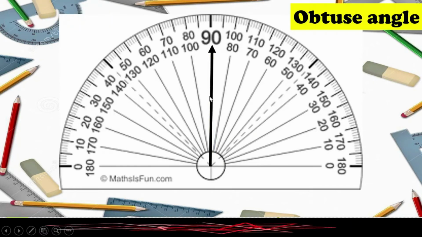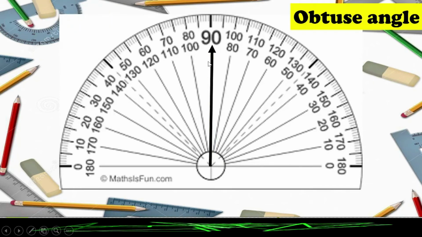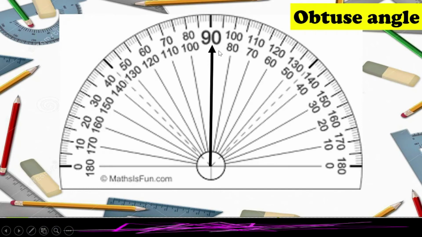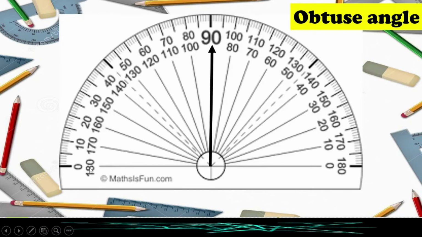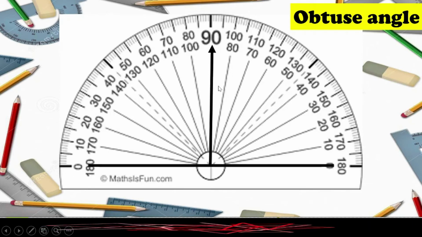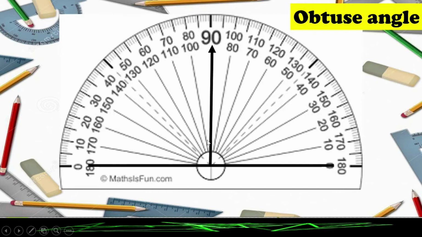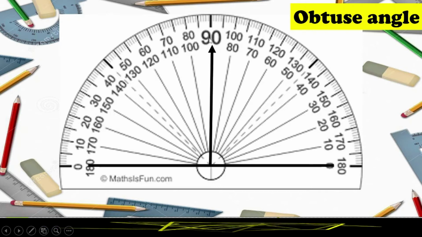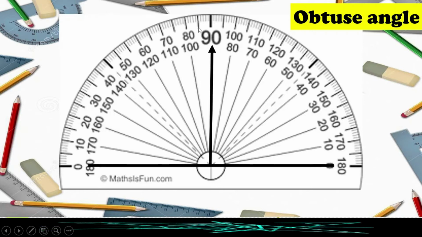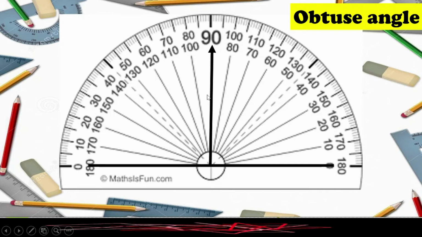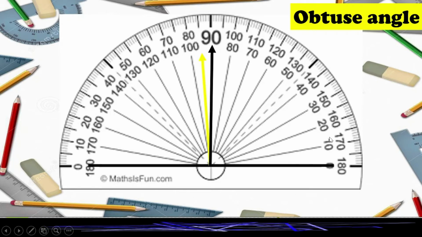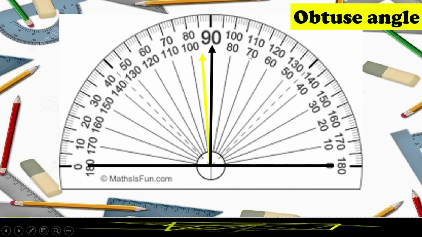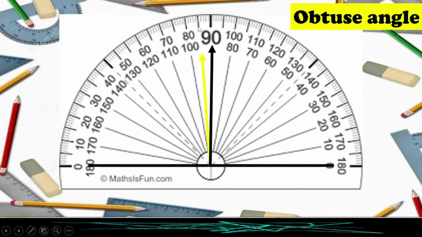Next, obtuse angle. It is more than 90 degree or less than 180. Okay, so this is our main point, 90 degree here. So pag lumampas ng 90 degree, that is already an obtuse angle. Let's say 91 degree, that is already an obtuse angle. Let's say we have here 10, 20, 30, 40, 50, 60, 70, 80, 90, 95.